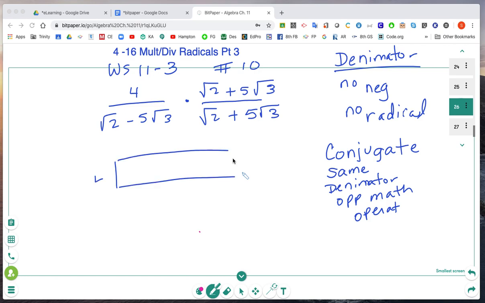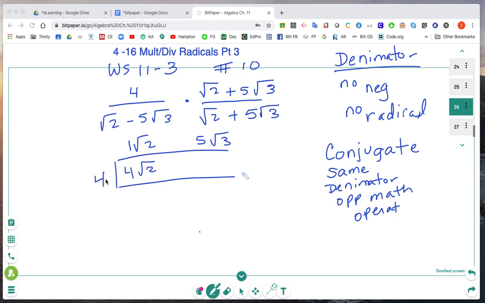So I'm going to take the 4 square root of 2, 5 square roots of 3. I'm going to take the 1 that is in front of the square root of 2 and multiply it times 4, which gives me 4. And I don't have a square root here, so this square root of 2 is going to stay the same.